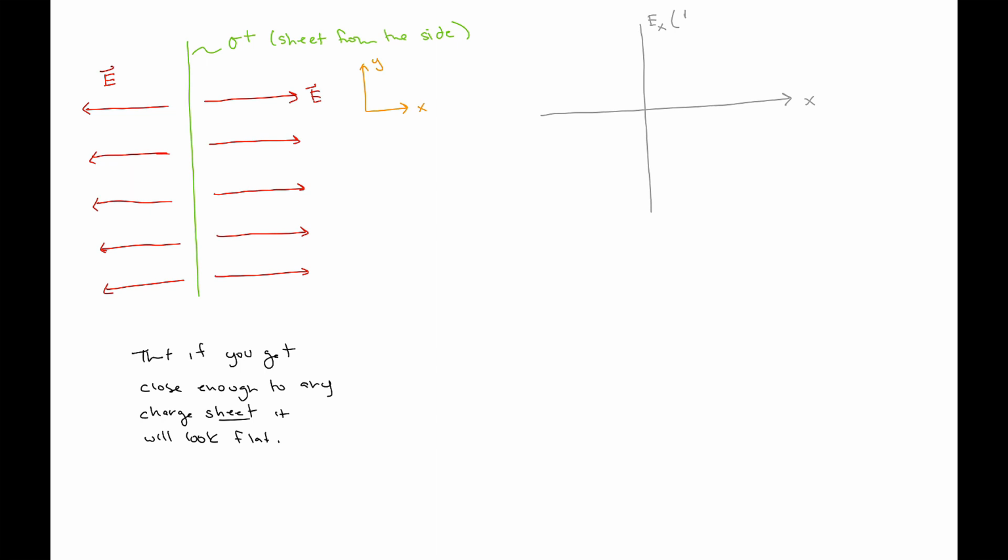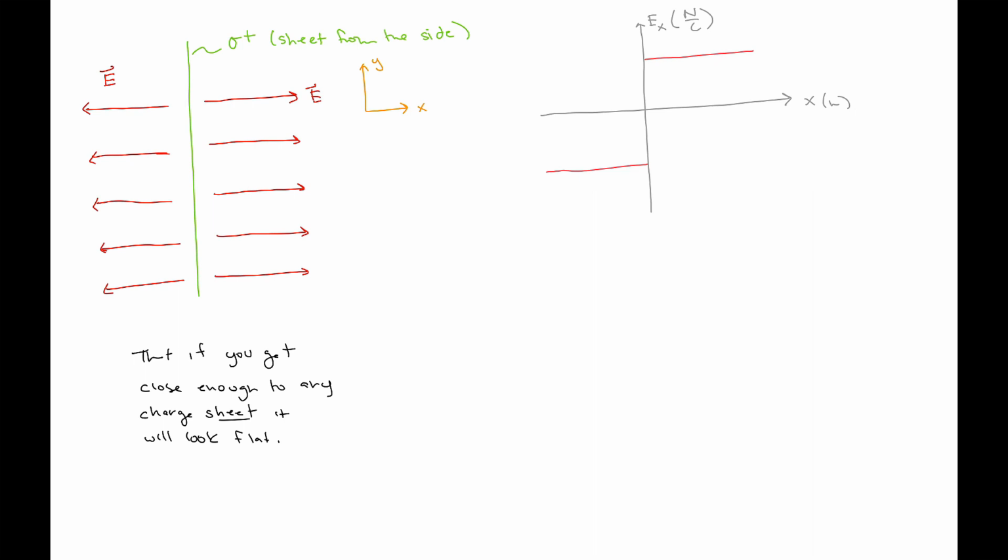Remember some potential units for electric field: you can use newtons over coulomb. Let's call this meters. Put some arrows here. The electric field, the way I've defined my coordinate system, is positive and constant on one side of the sheet and negative and constant on the other.